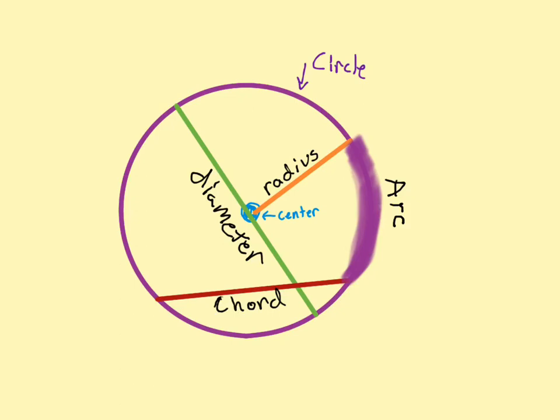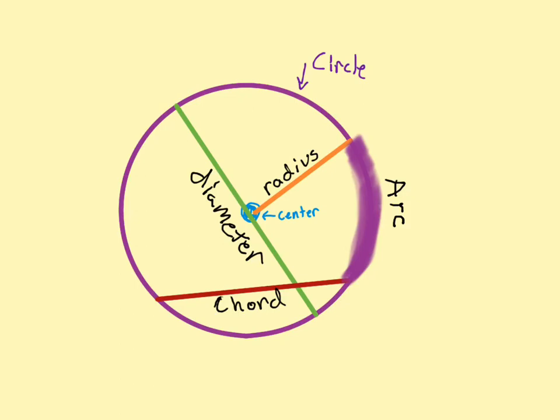And then a chord, which just connects any 2 pieces of the circle. And an arc, which is a piece of the circle. And then this diameter actually is also the longest chord possible. And the radius is the same all the way around. That is the distance from the center to the circle.